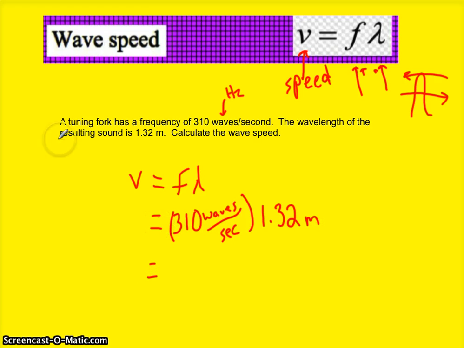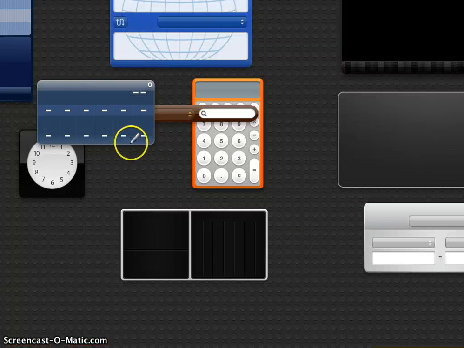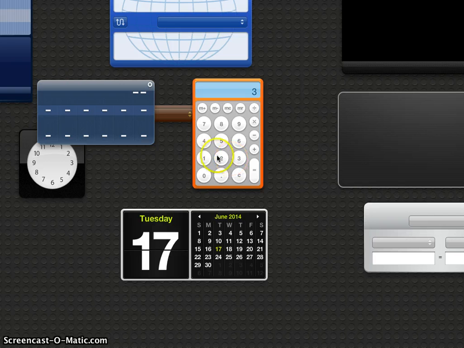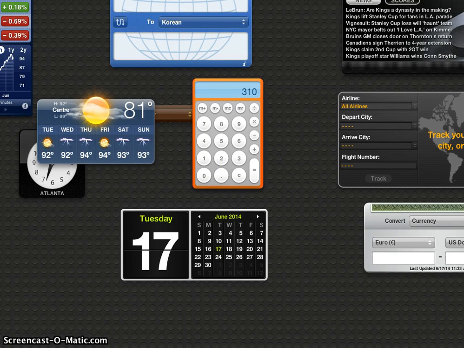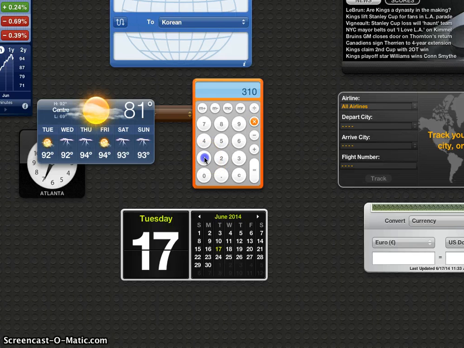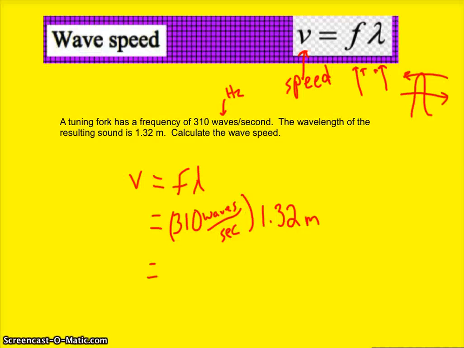So 310 times 1.32. So let's see what that comes up to. 409.2. And you may wonder what the speed is going to be in. I can tell you, it is going to be in meters per second. That's good because that's what velocity and speed is typically measured in anyway.